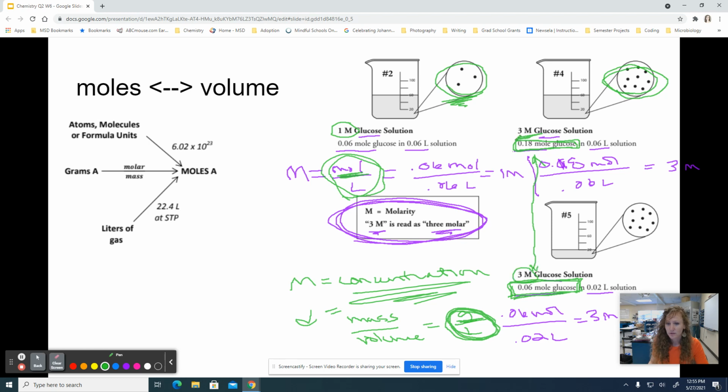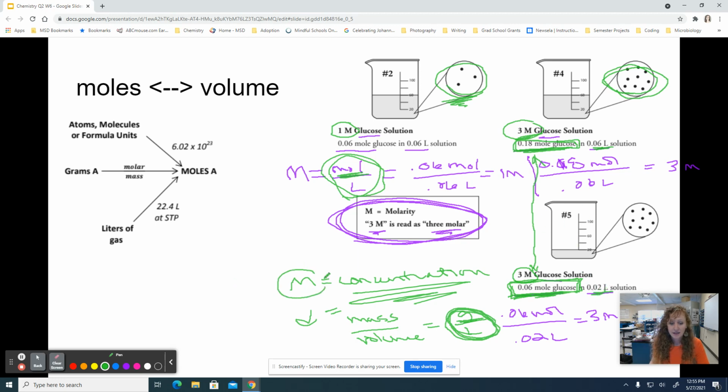They're both 3 molar, 3 molar. So why is that? How can we dissolve less glucose but come out with the same concentration? Well, you may notice here that not only is the amount of glucose less in solution 5, but the volume is less as well, right? The amount of glucose is a third in solution number 5. The volume is also a third in solution number 5.